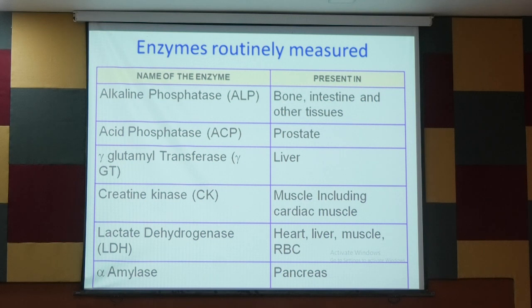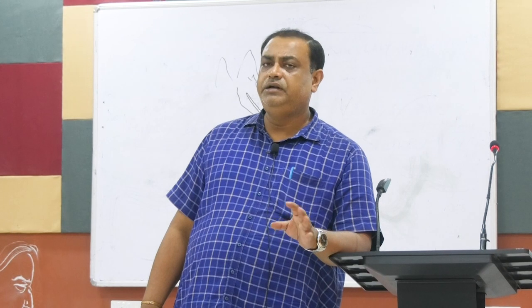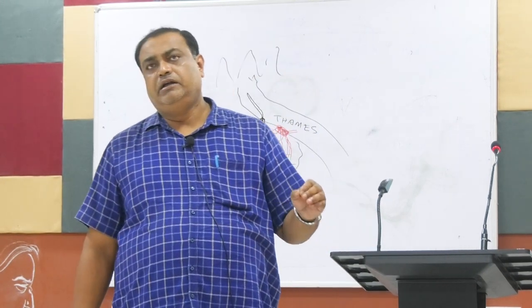Alpha amylase is found in the pancreas. Another form is salivary amylase. Alpha amylase is found in two forms, salivary and pancreatic, but we use alpha amylase for detecting pancreatic disorders.